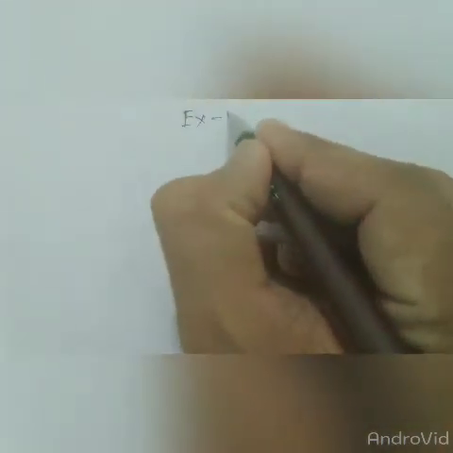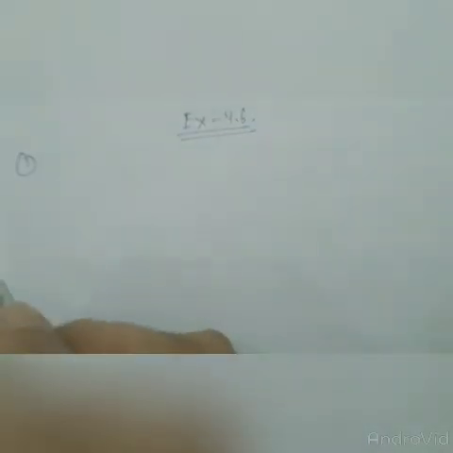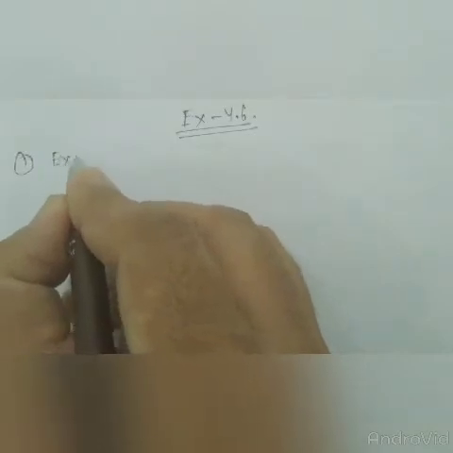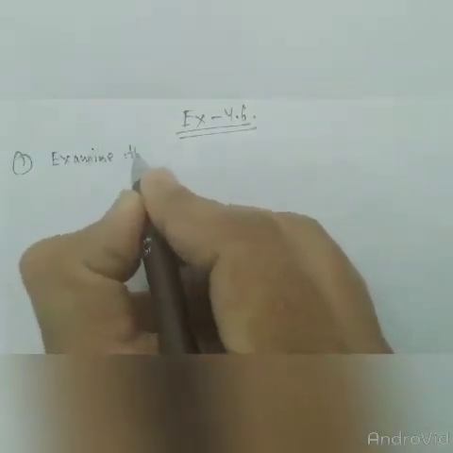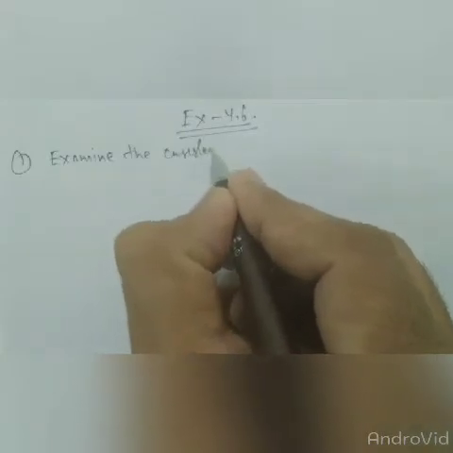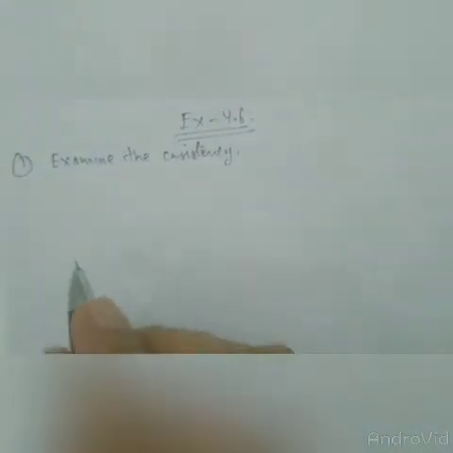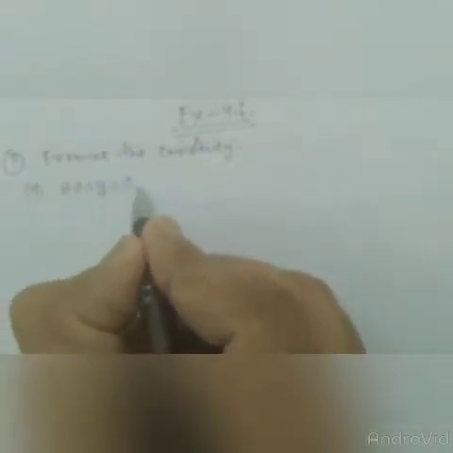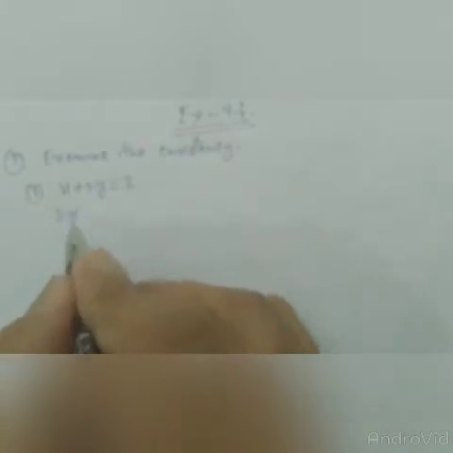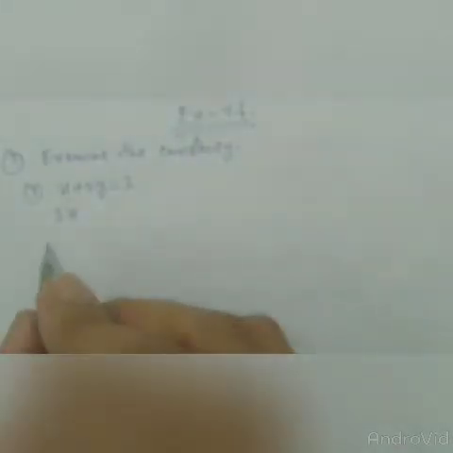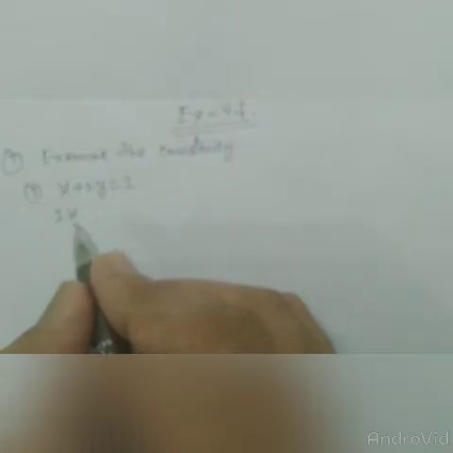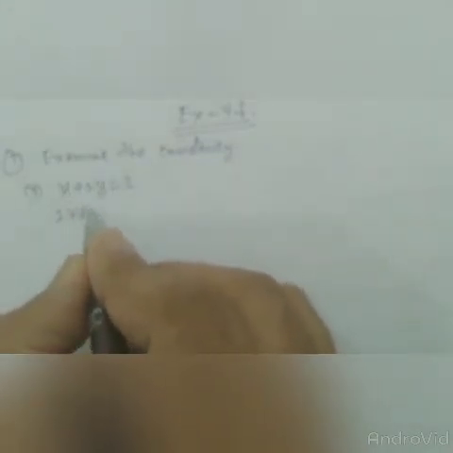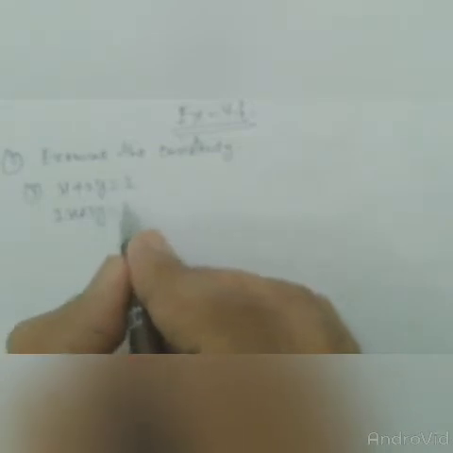So now exercise 4.6. First question is examine the consistency. Means we have to check the determinant of A. First question is x plus 2y equals 2, 2x plus 3y equals 3.